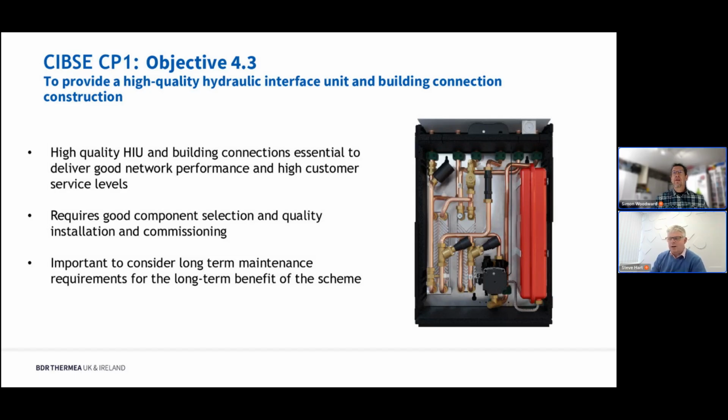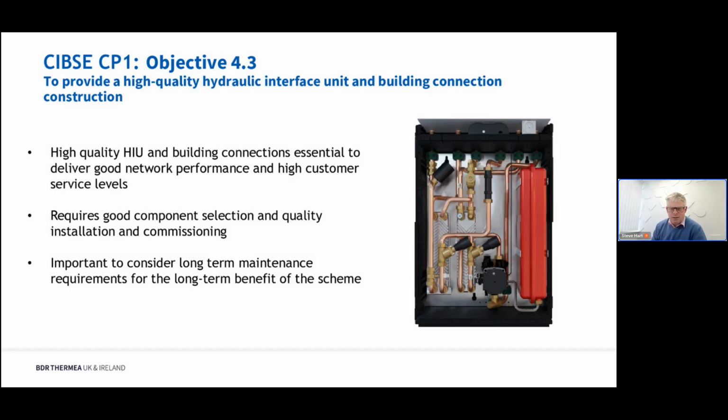Thanks very much, Simon. Okay. I've been involved with heat networks accidentally since 2004 and on purpose since 2008, when we were importing and distributing heat interface units onto the market in the UK and Ireland.